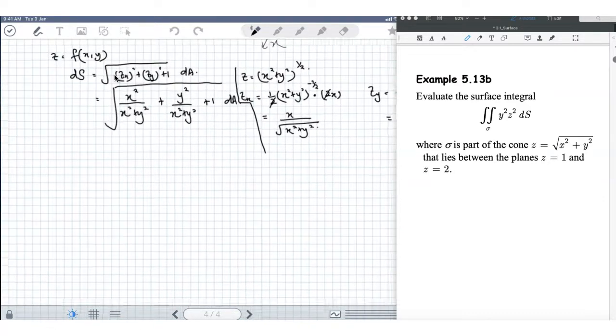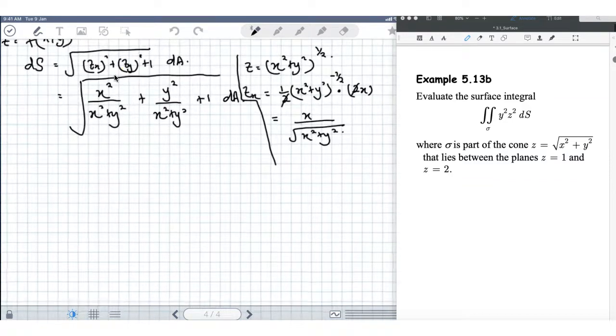So don't be confused. When you get this, can we simplify these two terms? You have the same denominator. It seems like you can just directly add them together, right?